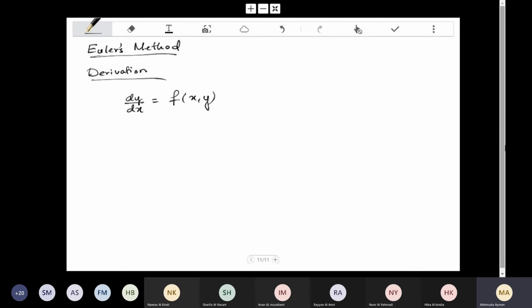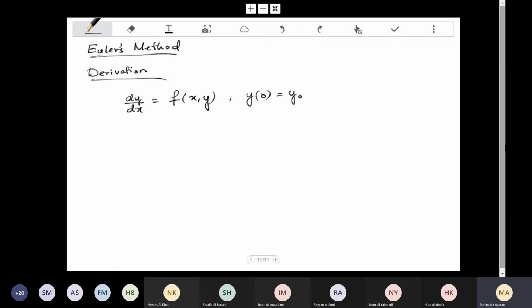The function could have the variable x or y or both x and y. And we are given an initial condition y of 0 equals y0. Don't get confused here, the x will not always be equal to 0. It could change, but this is the general form in which Euler's method works.